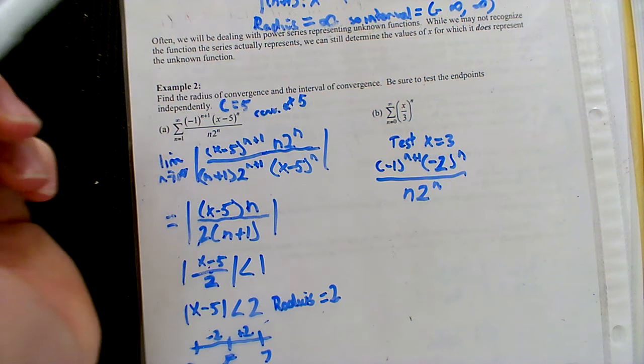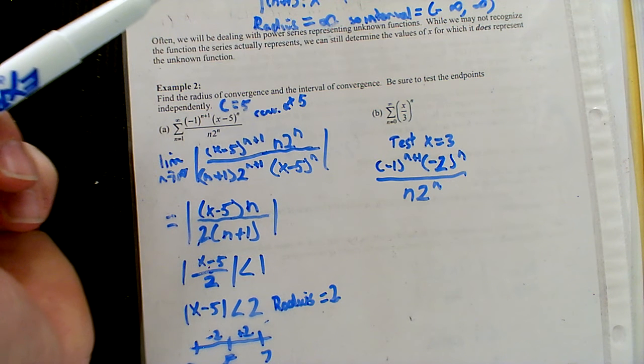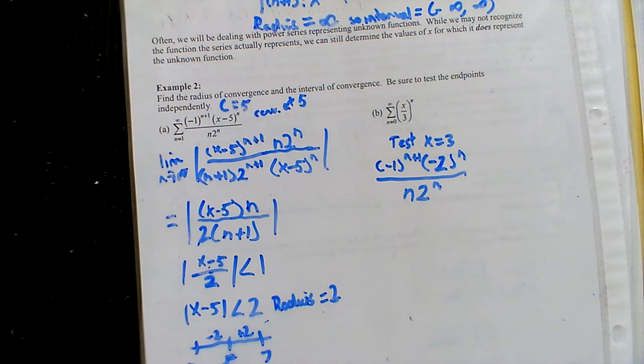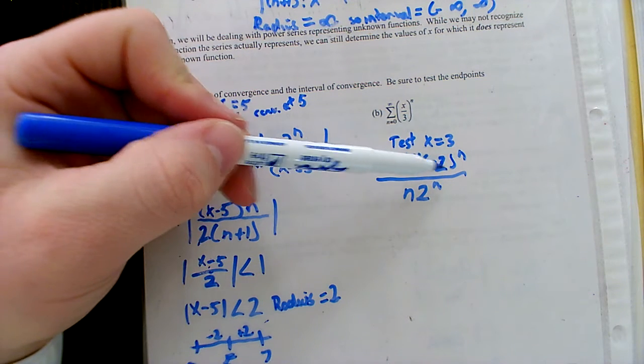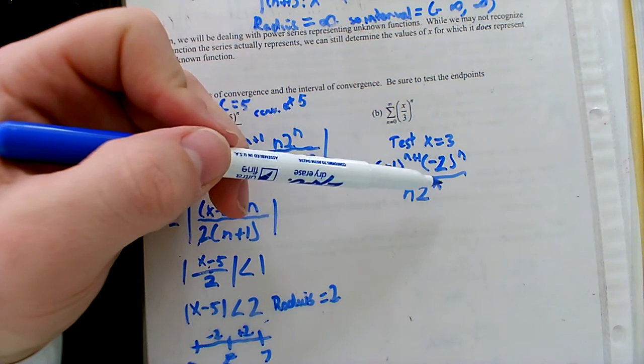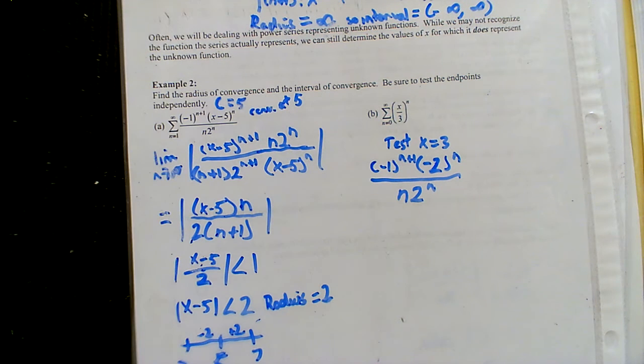So is there anything we could possibly cancel? Or something that you think could be canceled, but you're not exactly sure how to cancel it yet? Okay, so we have 2 to the n here, but we have -2 to the n here. So they're similar. Is there a way we could make them look the same?